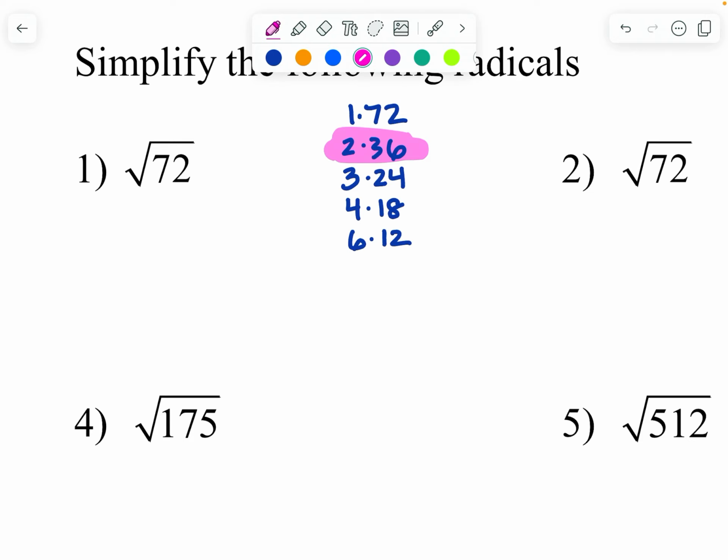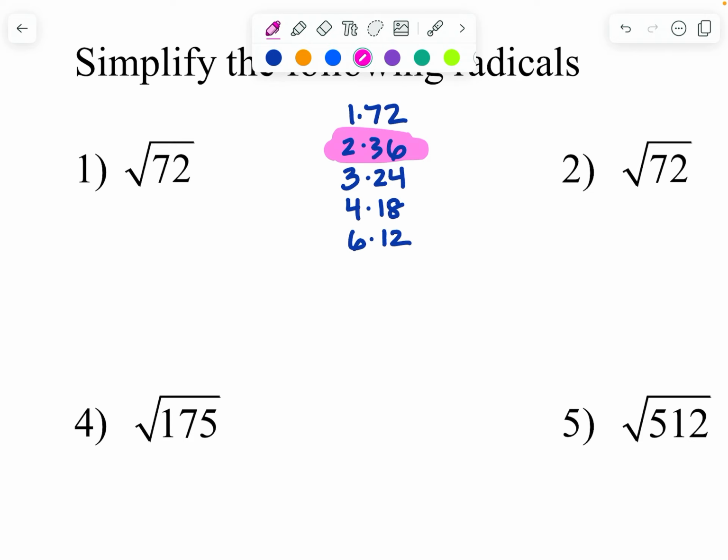The hidden little number inside here, this is called an index, is a 2, right? We call it a square root. And so that's going to be important in a moment. All right, so what I'm going to do is the prime factorization. That is unique. That means no matter how you start breaking up, you are going to get the same answer as your neighbor.